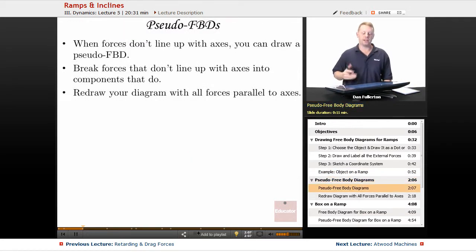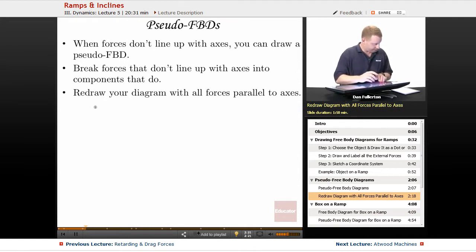Now, when the forces don't line up with the axes, we can draw that pseudo free body diagram where we break some of those forces up into their components. Then we redraw our diagram with all forces parallel to the axes. So if we had something like, well, let's draw it again, our free body diagram with our axes, x and y, and I'm just going to show how the angle of our plane is the same as the angle of our ramp there.